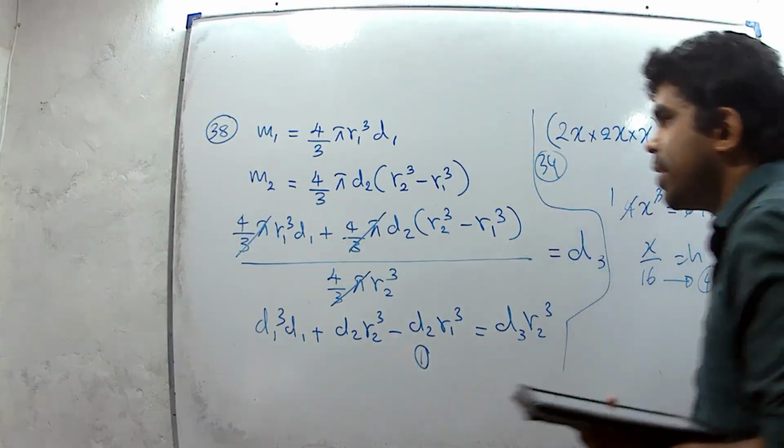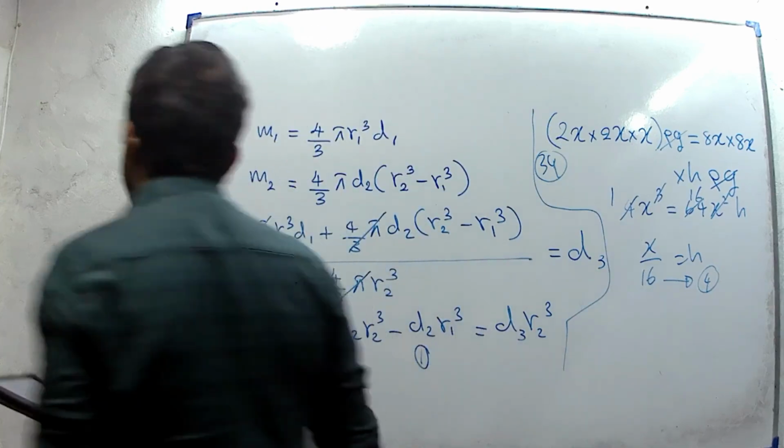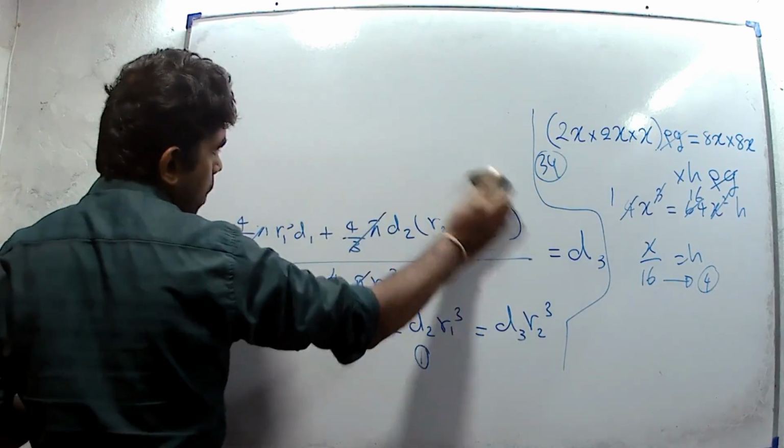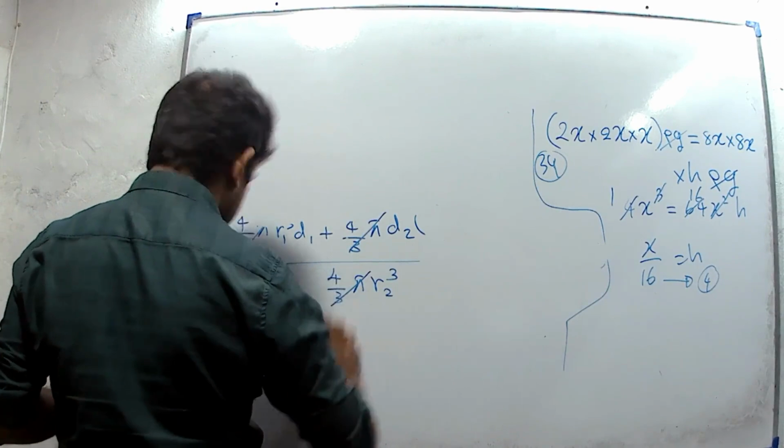We know that the liquid with high density is in the lower layer.